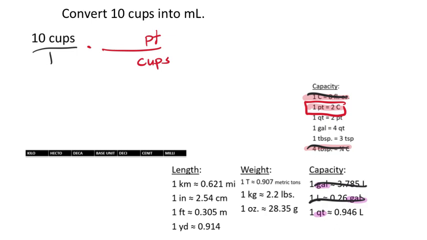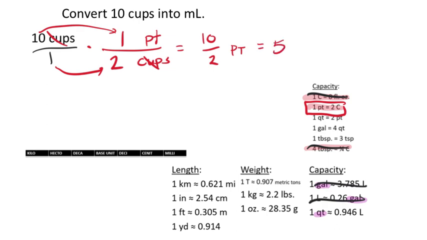So that conversion factor says 2 cups will be for 1 pint. Okay, and this will cancel out the cups. I'm going to try to keep these the same color for each conversion. Okay, so in the numerator, this will change this into pints, which is what we do want. But in the numerator, you've got 10 times 1, which is 10. Over in the denominator, 1 times 2 is 2. So 10 cups is the same as 5 pints.